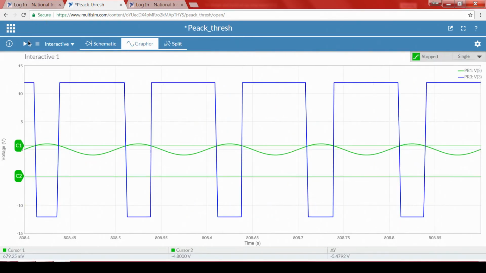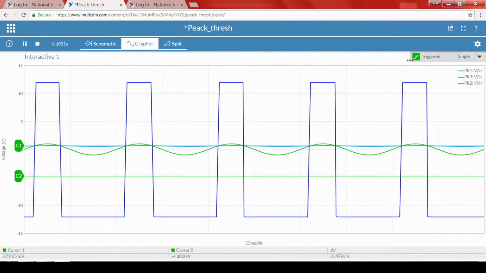So, grapher. Now, see what is happening? When we observe, C1 is at 679 millivolts. So, we require 666. Now, we see the output is becoming higher only when the input is greater than this particular threshold.